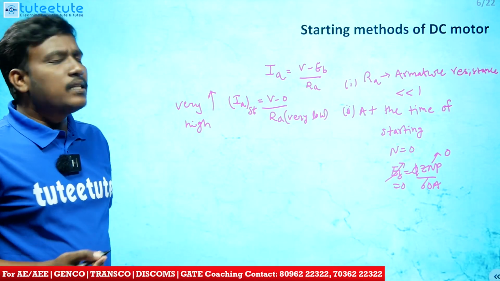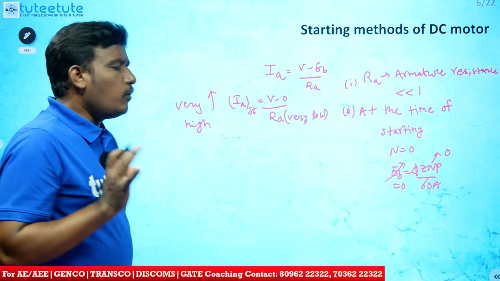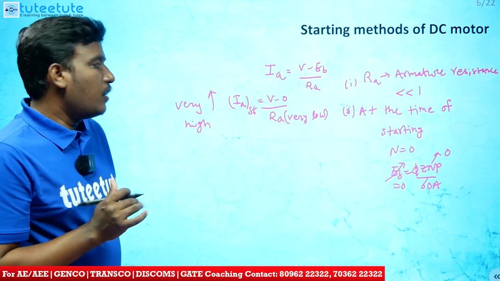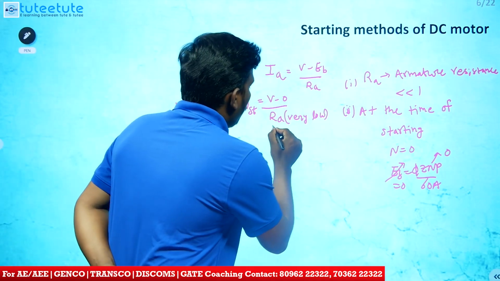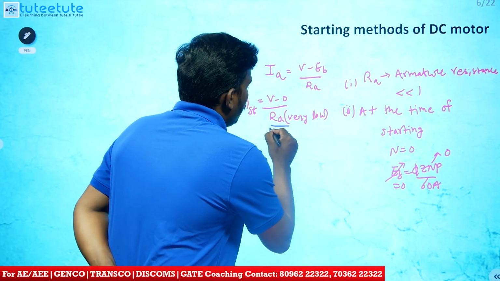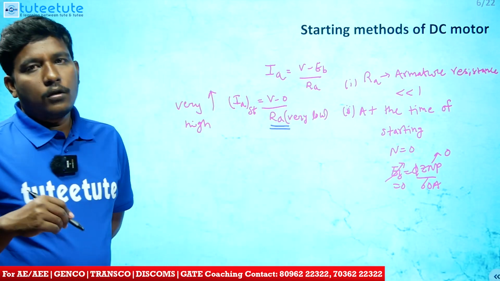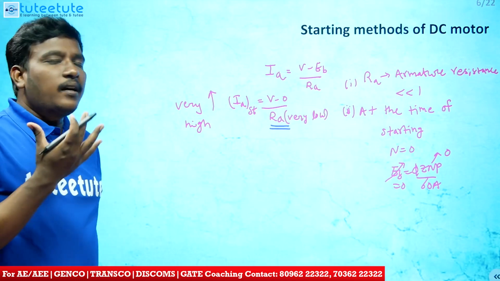What are the different methods we are going to employ? First we will see what problem we are facing. The main problem here is that Ra is very low, so because of this, high starting current is coming.